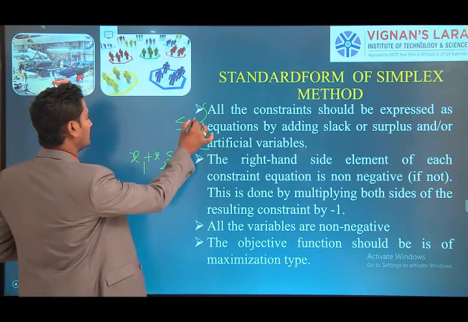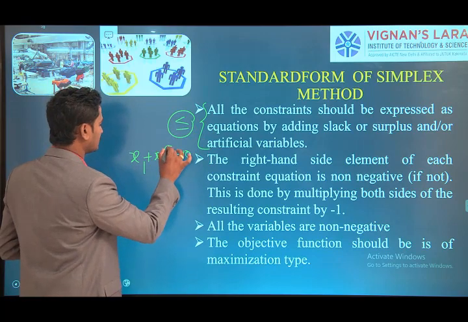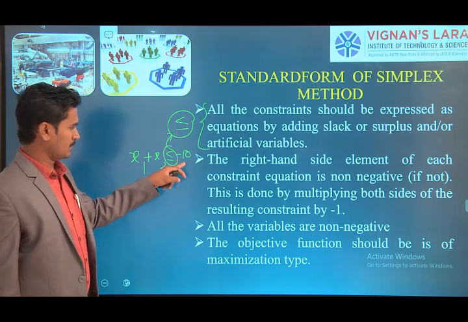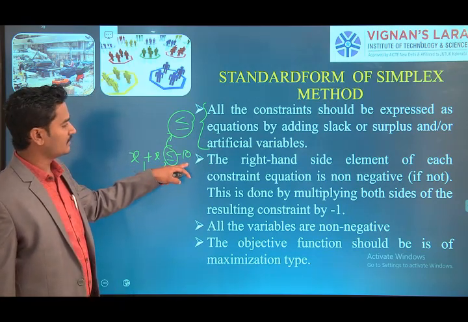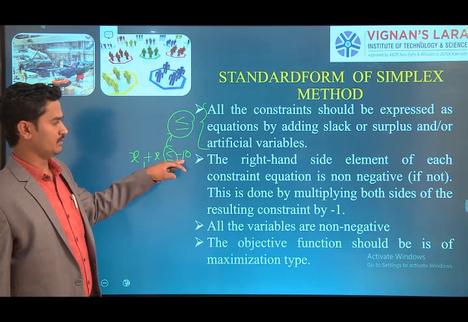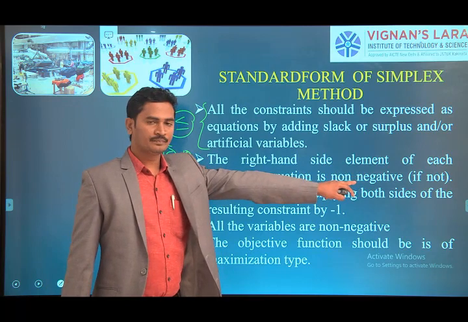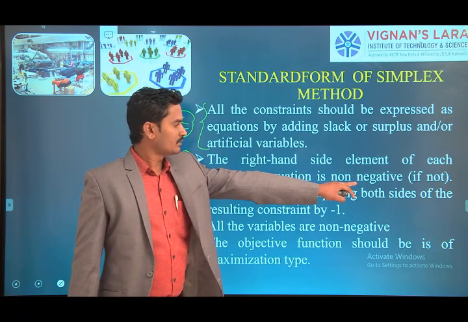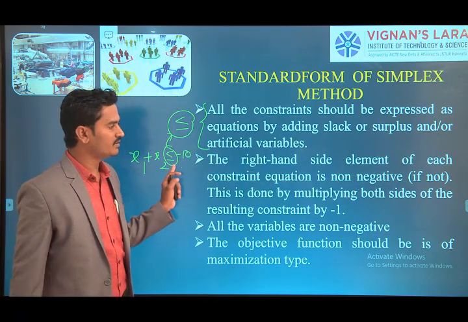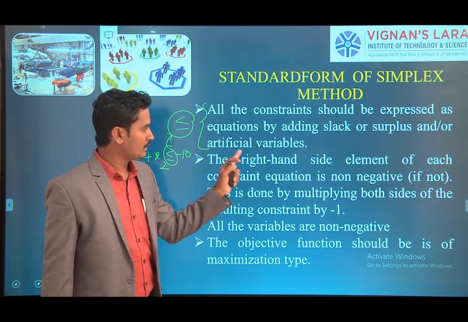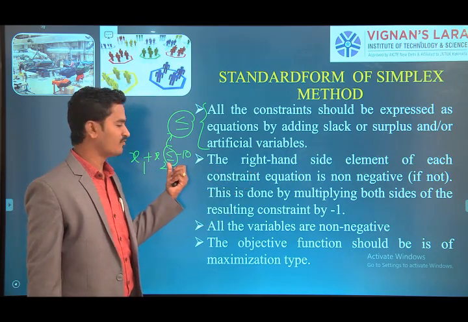No. It is a less than or equal to type constraint, but the right hand side value is negative, and our rule requires a non-negative value. So it is difficult to solve by the simplex method in this form.